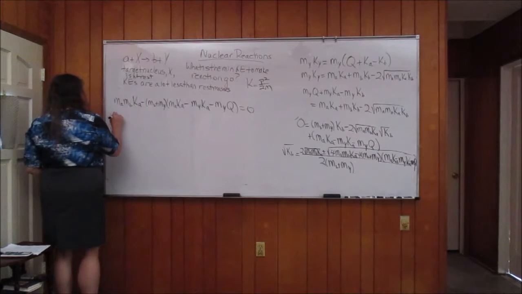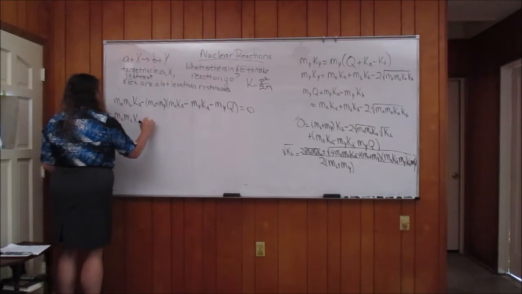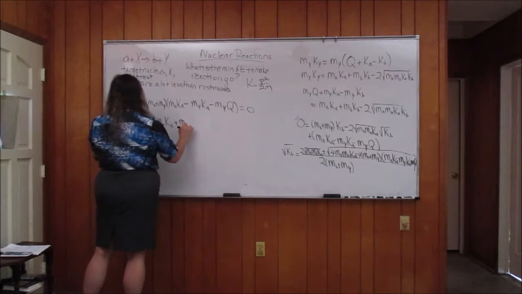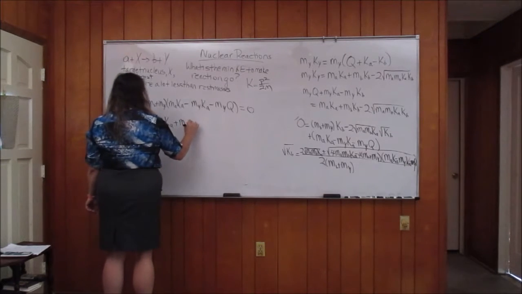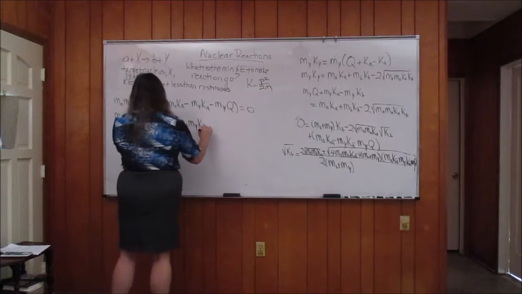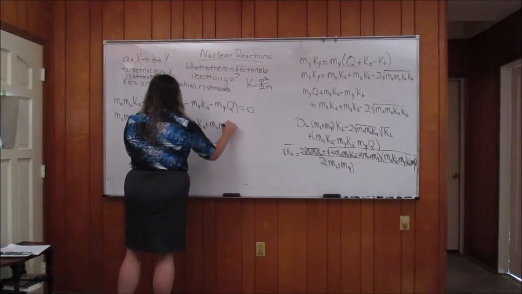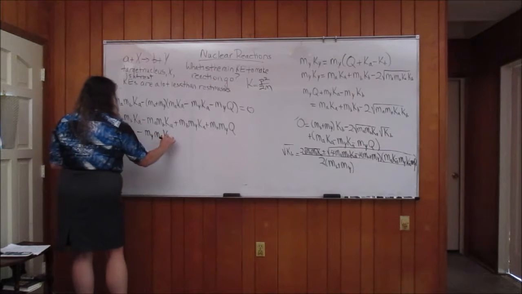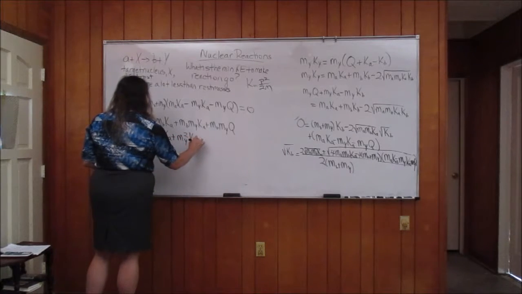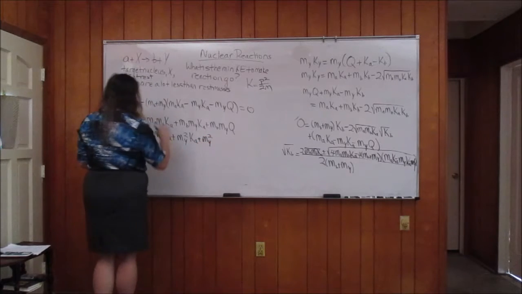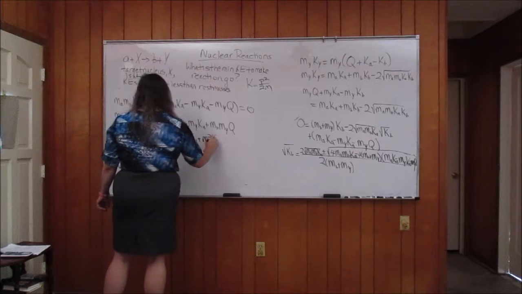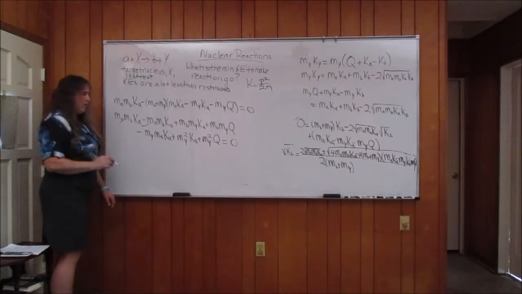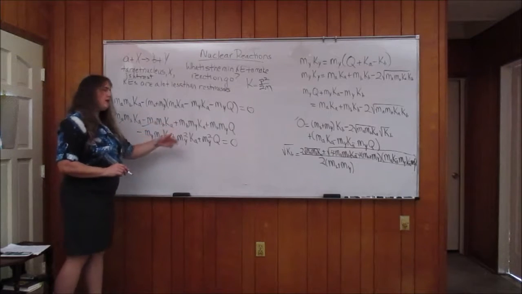I'm going to multiply everything out. So these first two terms drop out, ma mb ka, and there's minus ma mb ka.